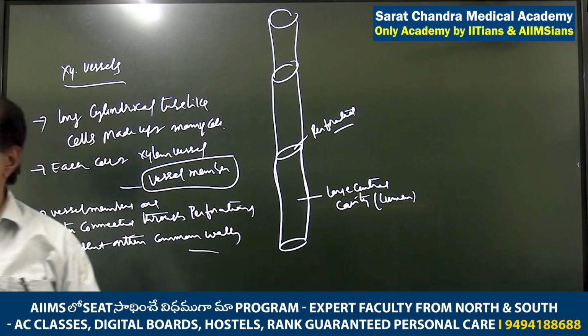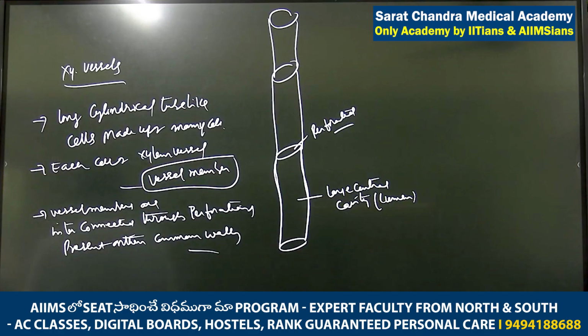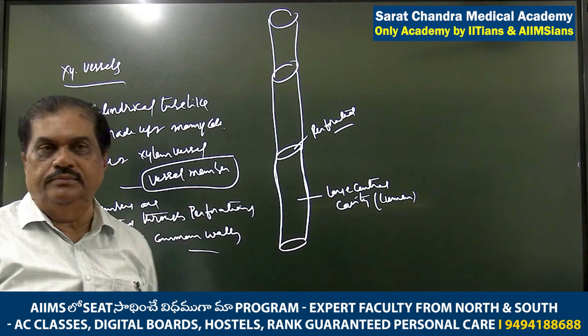Xylem vessels are present only in angiospermic plants. Having xylem vessels is the characteristic feature of angiosperms. In flowering plants like angiosperms, conduction of water takes place through both vessels and tracheids.